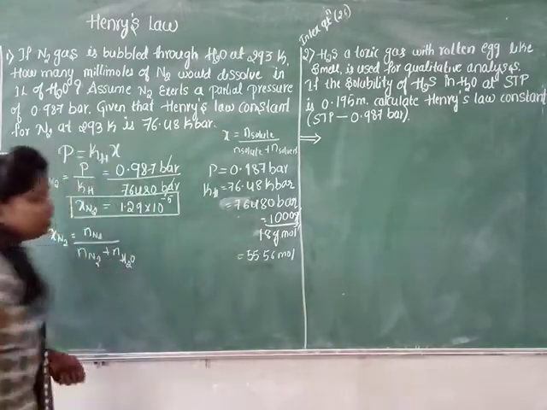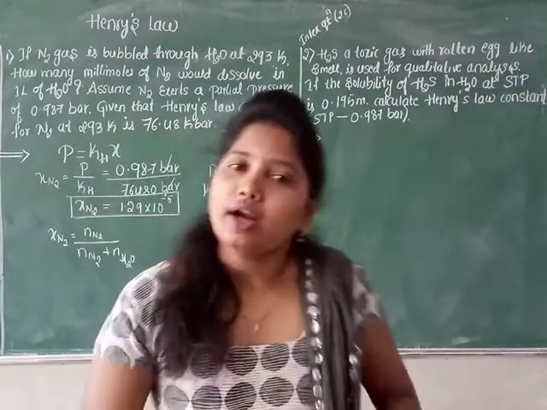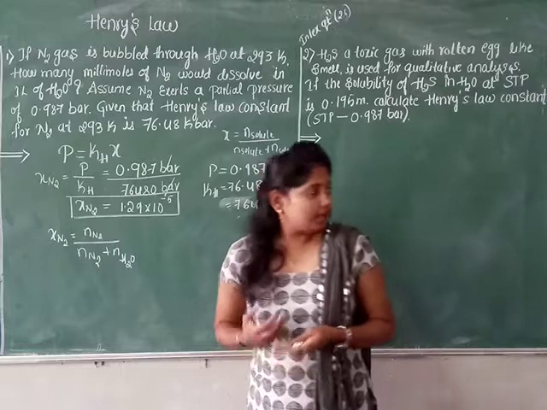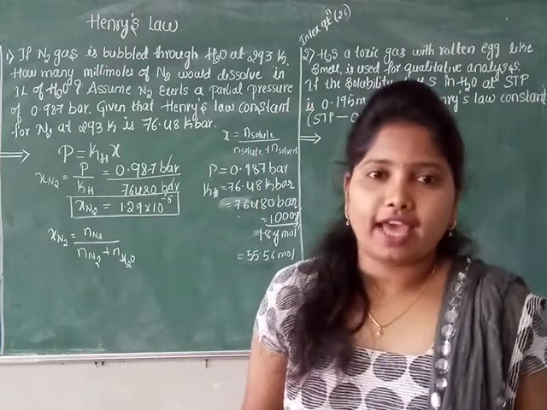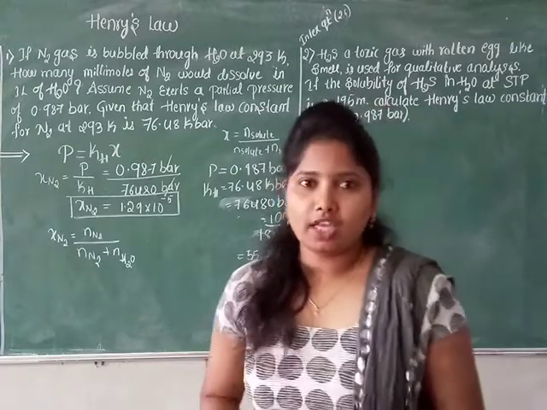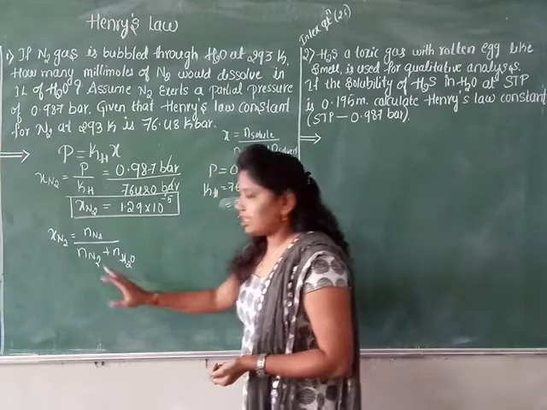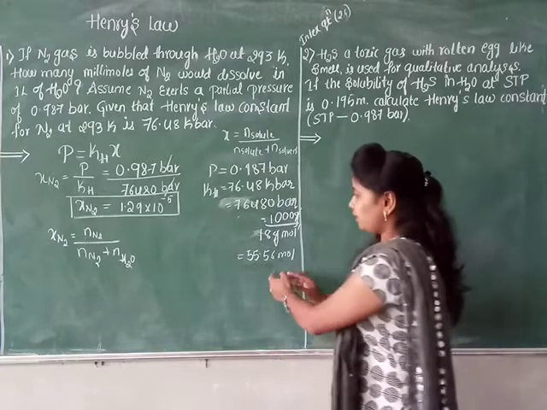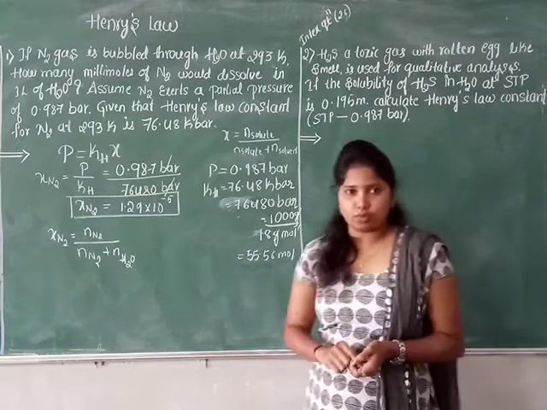Now we need to calculate the number of moles of nitrogen gas dissolved in the 1 liter of water. In the beginning of this session, I told you that the dissolution of gas in the liquid is very low. Therefore, the number of moles of nitrogen gas is very small compared with the number of moles of water, that is 55.56 moles.